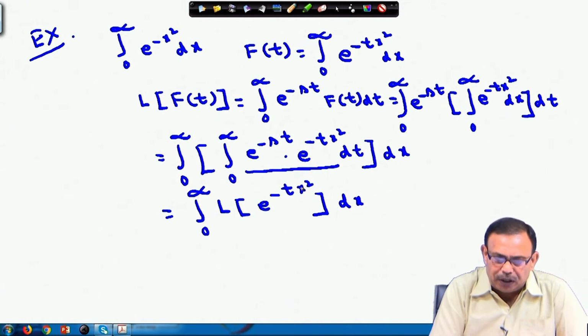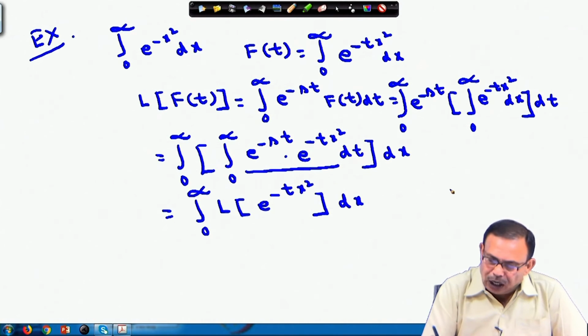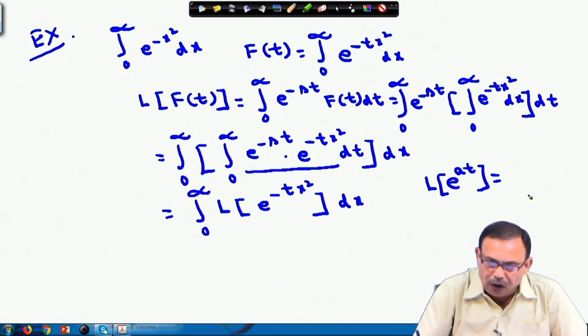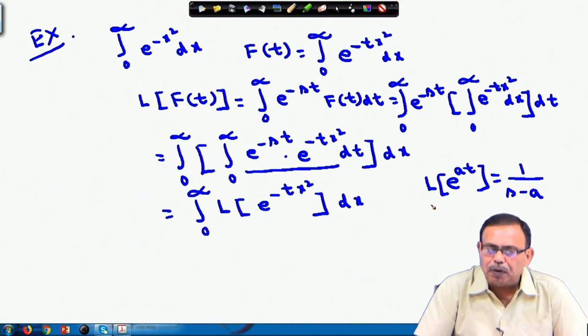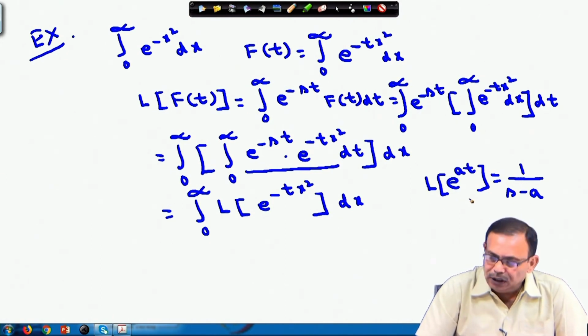I know the Laplace transform of e power a t. If you recall, this is equal to 1 by s minus a.